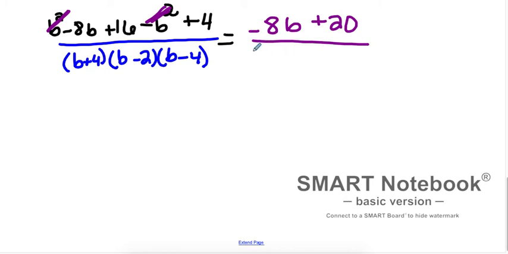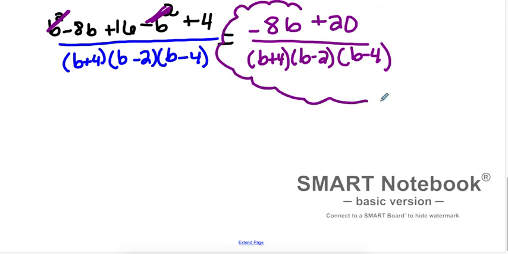And then my denominator is b plus 4, b minus 2, b minus 4, and that's it. This is my final answer, and this is the answer that was on the answer key, I believe. Let me double check. Yep, that's right. And then don't forget your restrictions.